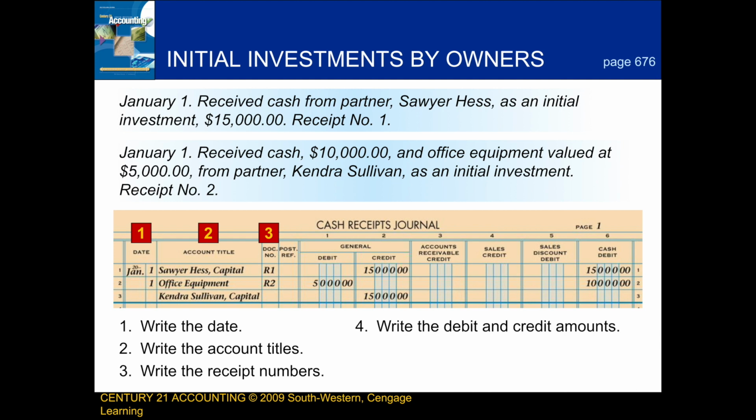The credit amount for Kendra Sullivan is $15,000 for the total investment. And finally, we write the debit amounts to cash, which are $15,000 and $10,000, in the cash debit column.